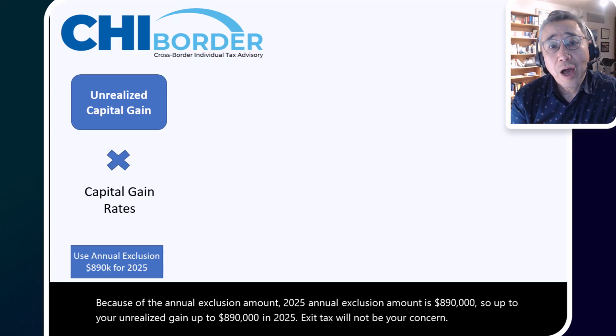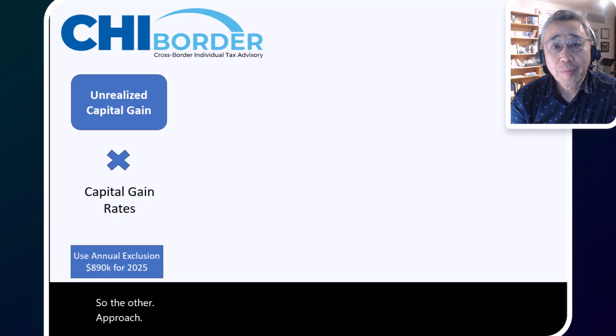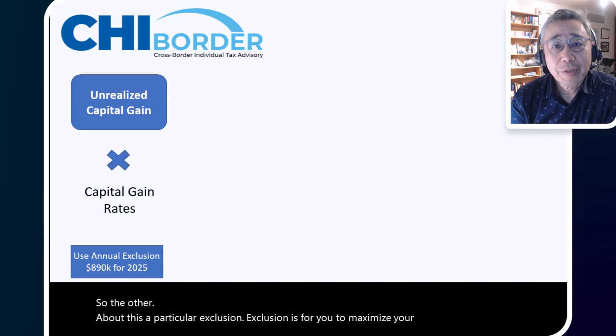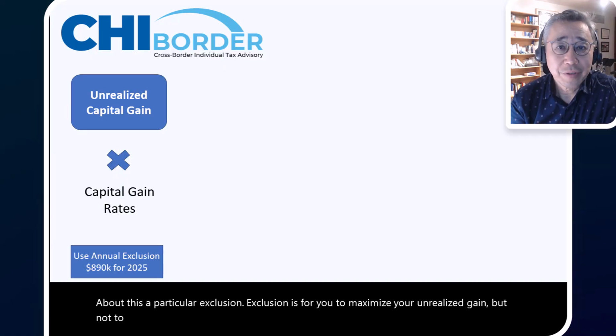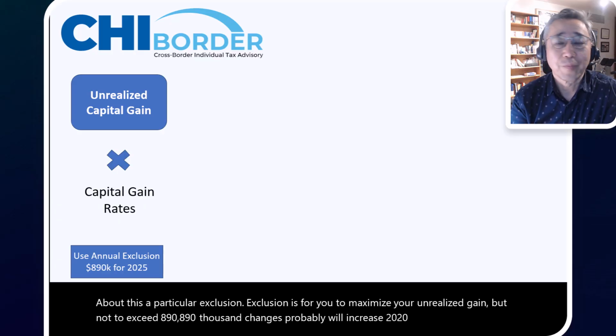The other approach with this exclusion is to maximize your unrealized gain, but not to exceed $890,000. That amount will probably increase in 2026, so it changes every year.